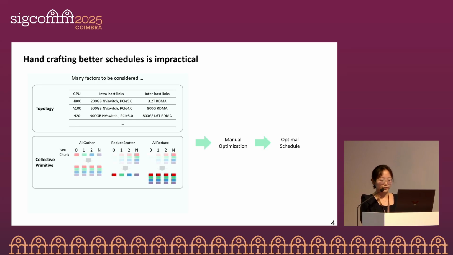Second, there are different collective primitives, such as all-gather, reduce-scatter, and all-reduce, each with different communication patterns or demands. And third, the data sizes can range from tiny kilobytes to gigabytes, depending on the model and your deployment strategy. So put all that together, manual optimization just doesn't scale.